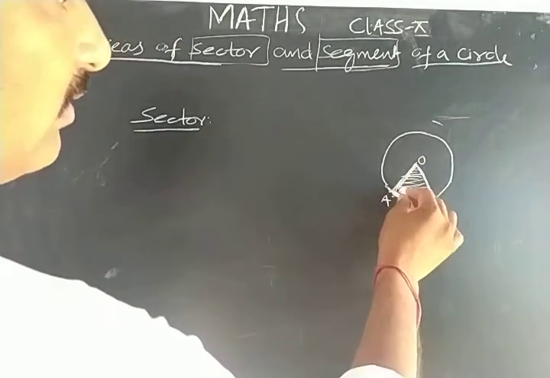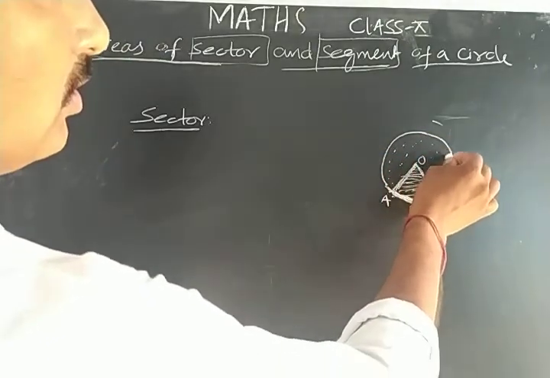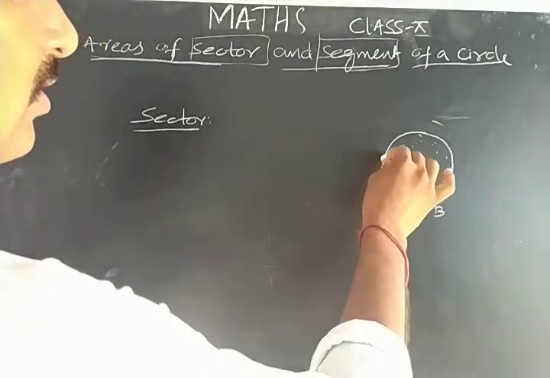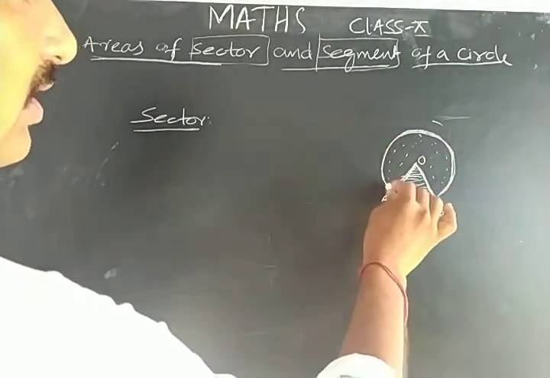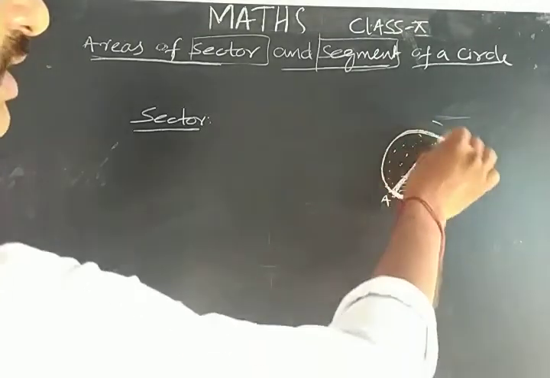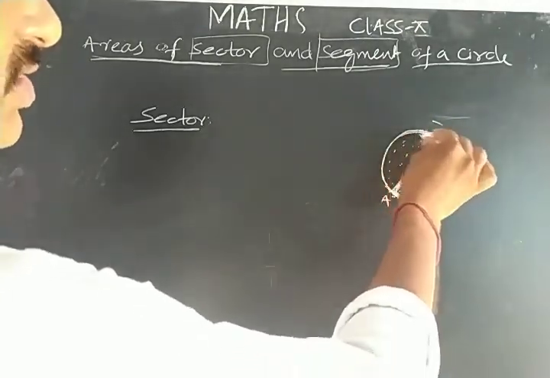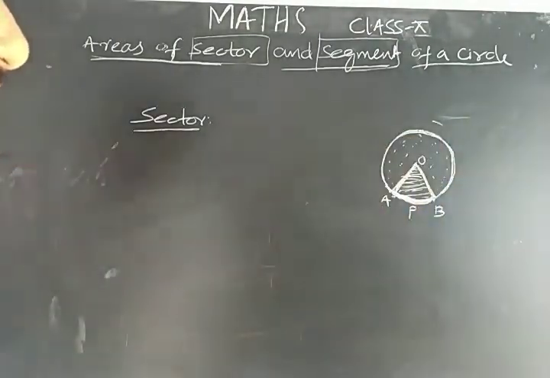So here you will get one area, and this one is also one area which is bounded between the larger arc, this is smaller arc and this is larger arc, and two radii of the circle. This is also sector. We have two sectors. This is minor sector and this is major sector.